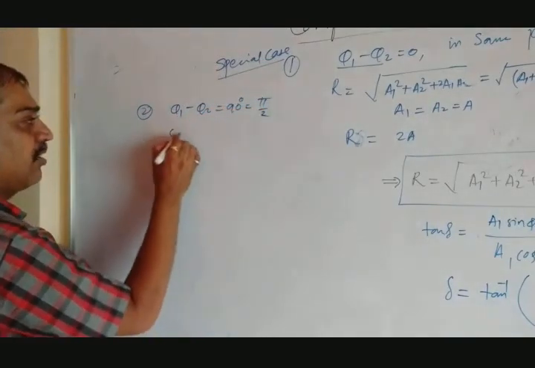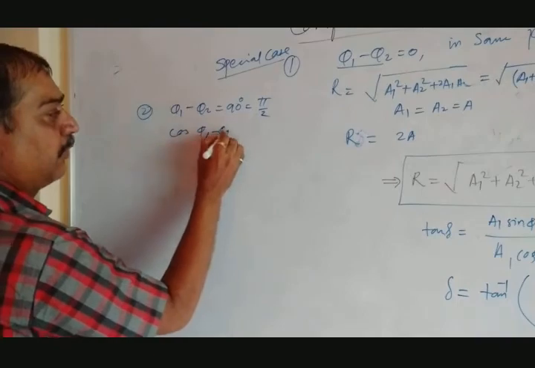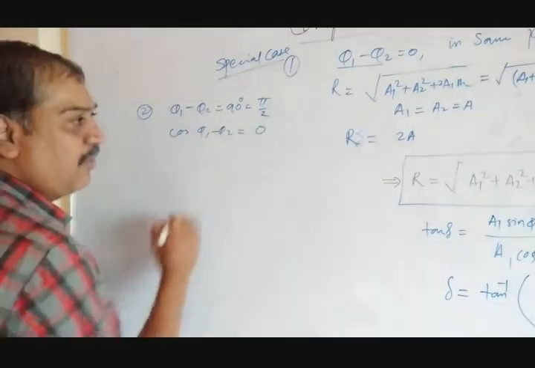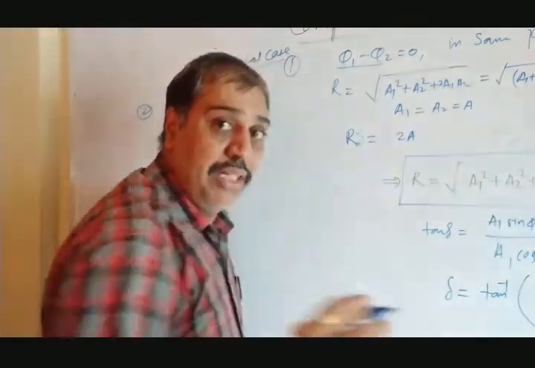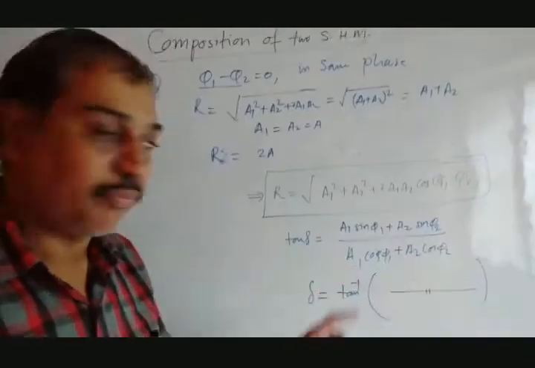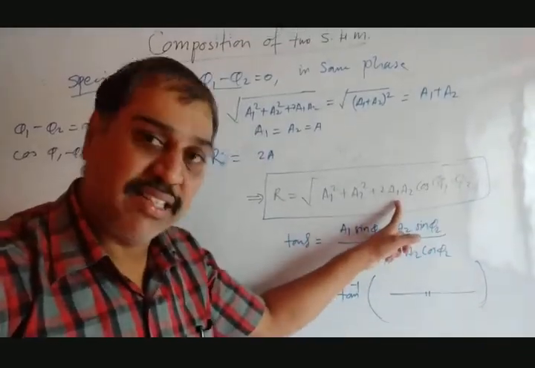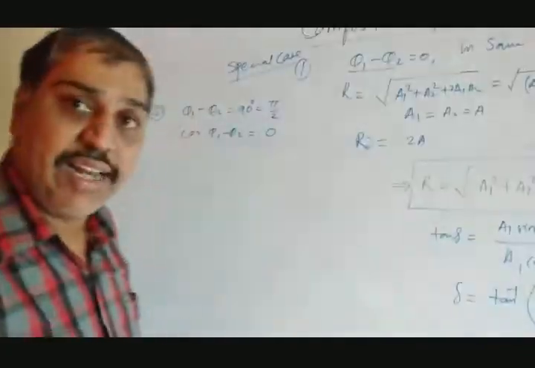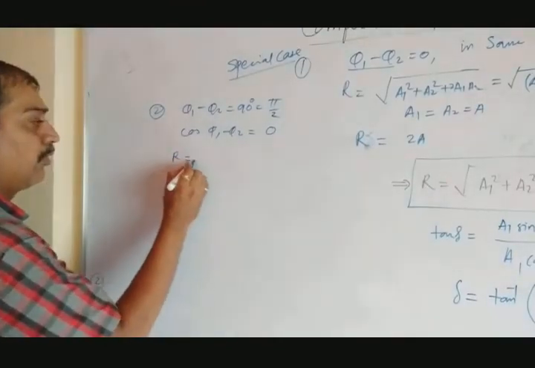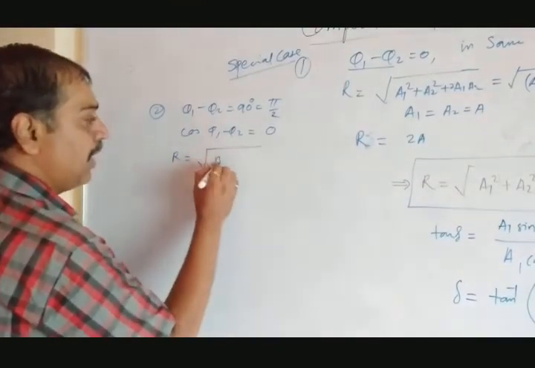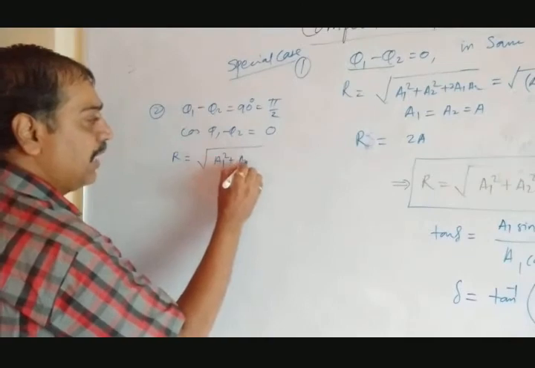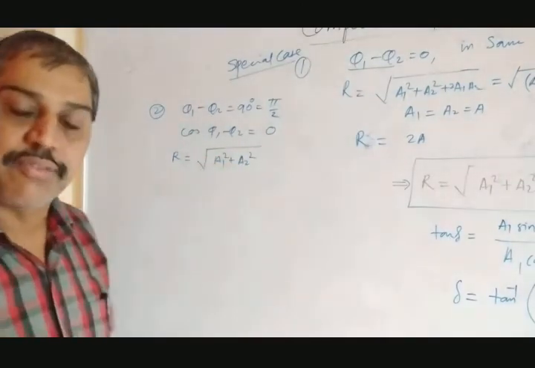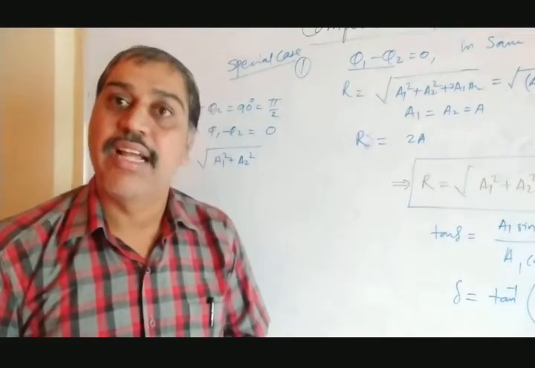Then what is cos of phi 1 minus phi 2? Cos of 90 is 0. So if you put that value in the equation of this R, 0 into anything is 0. What is R then? R equal to square root of a1 square plus a2 square.